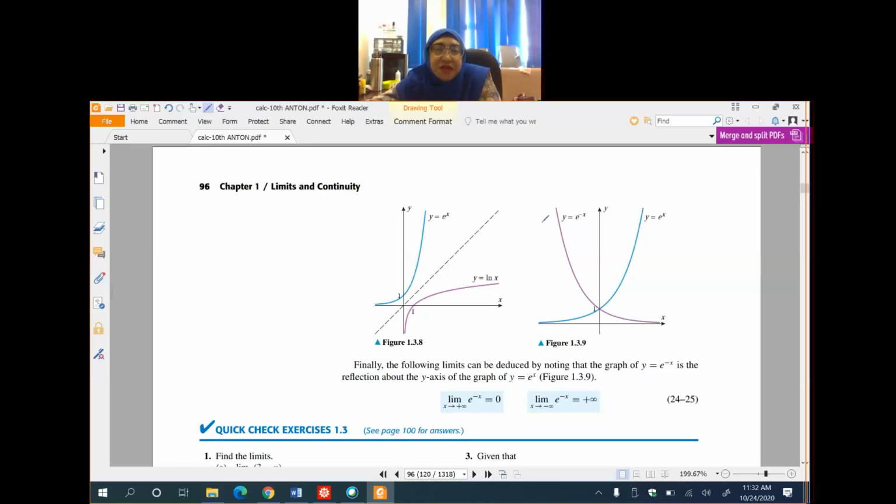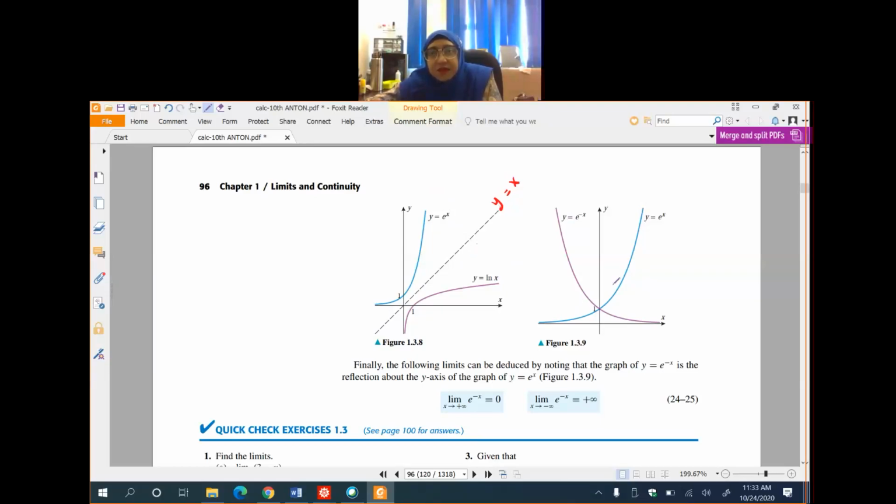When we say inverse, it means that it's just a reflection of the original graph y equal to e to the x about y equal to x. So you have a straight line y equal to x. The inverse functions will be reflections of each other about this line. So y equal to e to the x will be this graph, and y equal to ln of x will be this graph.